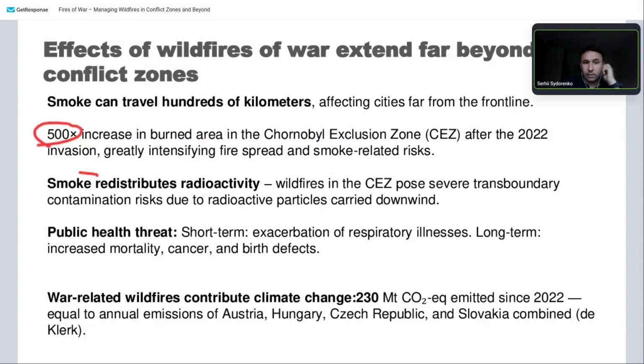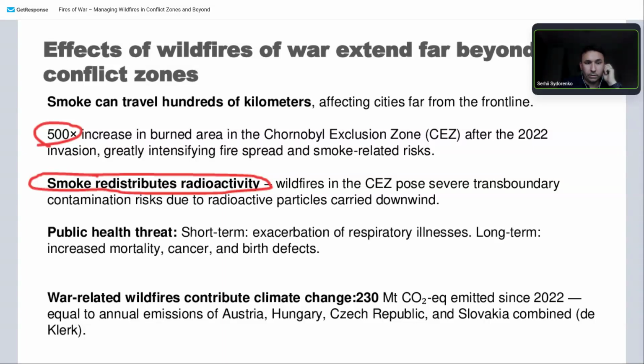As a result of those wildfires, we have a lot of smoke, and smoke is easily transferred to huge territories, to large Ukrainian cities, and impacts the population, but can even move to Europe, to our closest neighbor countries.